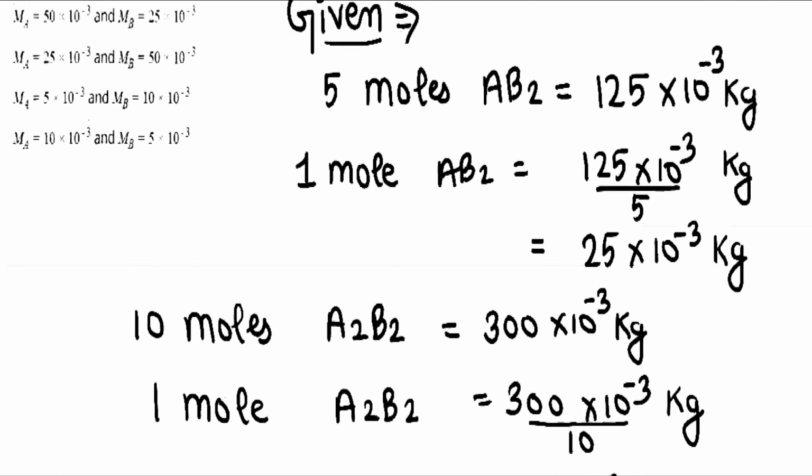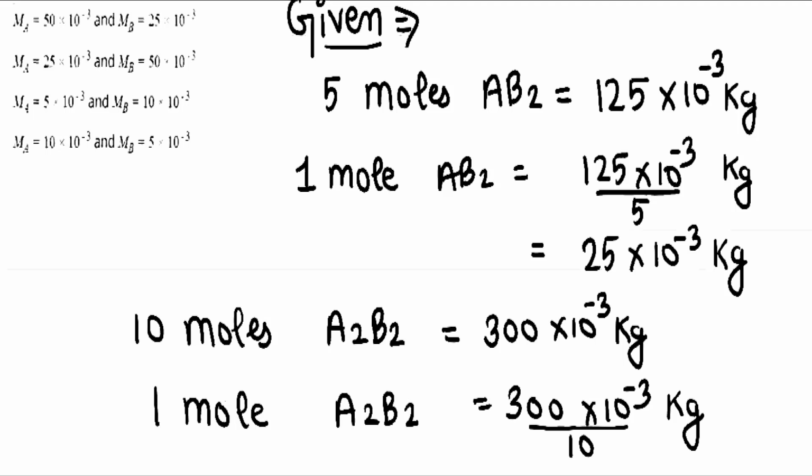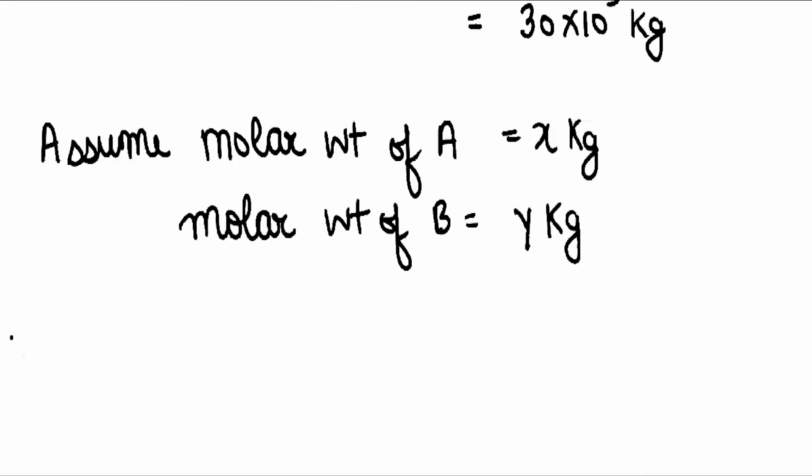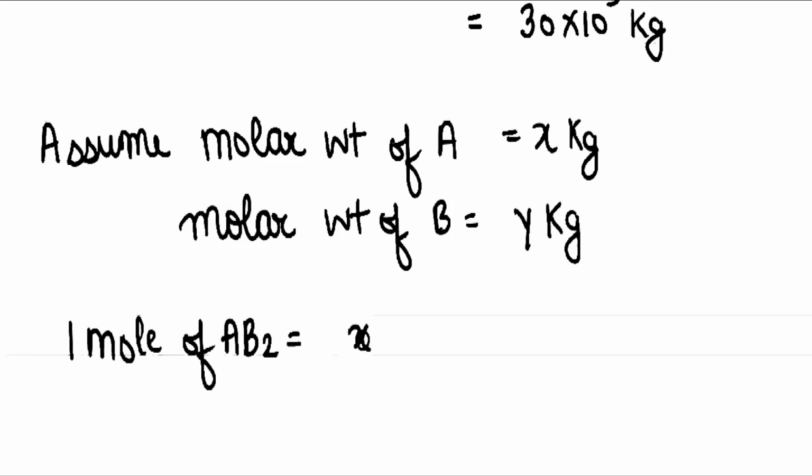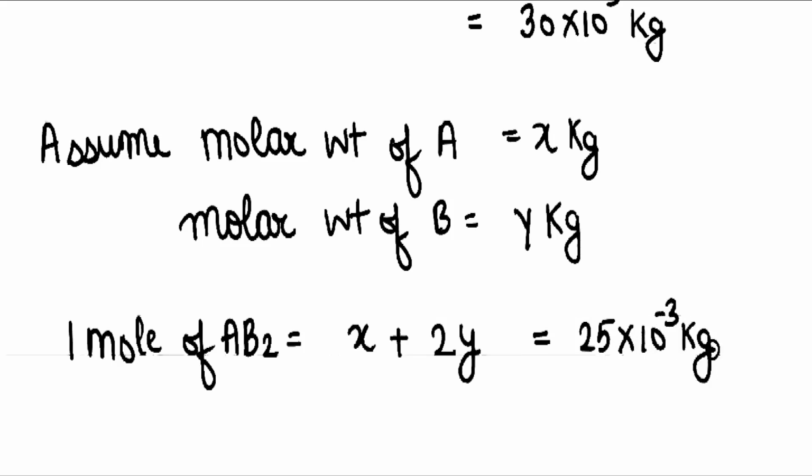Now let us focus on the molecular weight of 1 mole of AB2. 1 mole of AB2 is equal to the molecular weight of A plus 2 times the molecular weight of B, that is x plus 2y, and its value is 25 into 10 to the power minus 3 kgs.